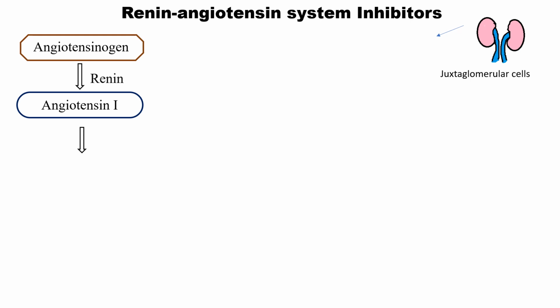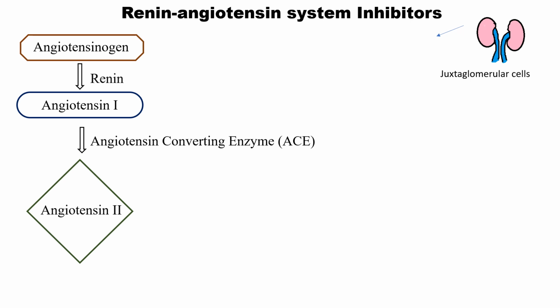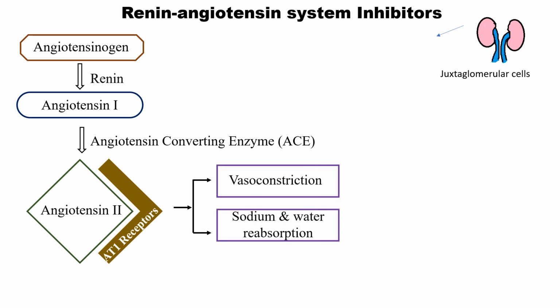Now, angiotensin converting enzyme converts angiotensin 1 to angiotensin 2. Then angiotensin 2 binds to the AT1 receptor that leads to vasoconstriction and sodium and water reabsorption.